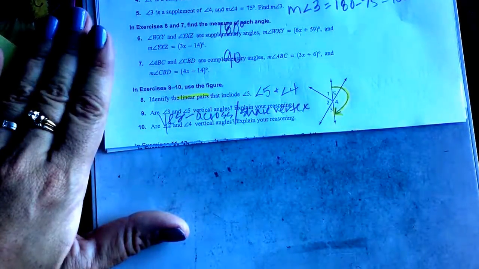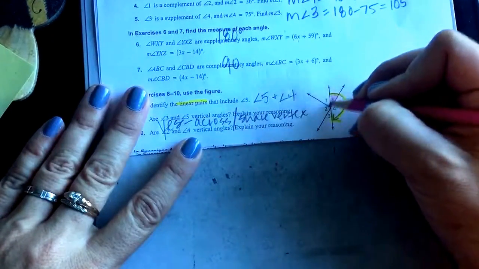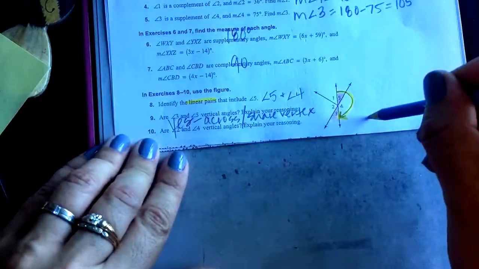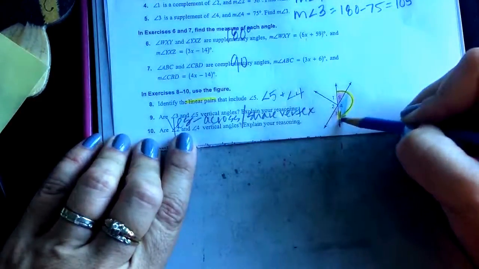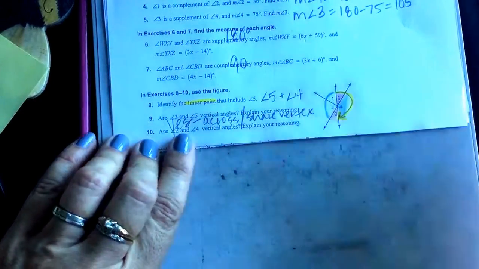Are 2 and 4 vertical angles? Now 5 and 3, I thought it was obvious that these were mirror images of each other, the way we talked about vertical angles last week. But then when I look at 2 and 4, 4 spans this entire opening, and 2 is just a part of it. It would have to be 1 and 2 together to make the vertical angle pair.